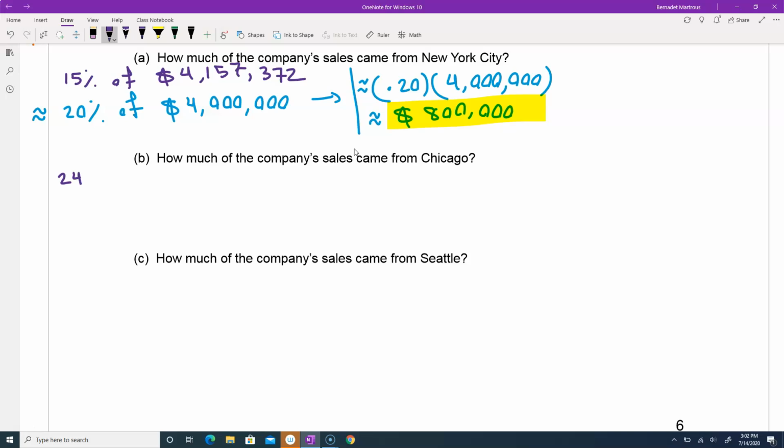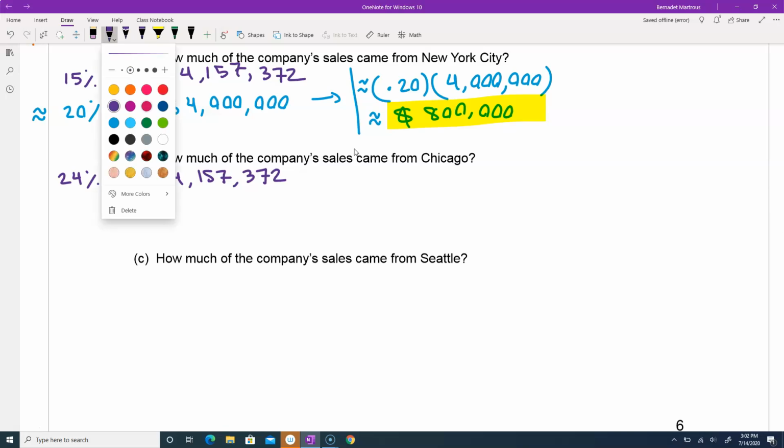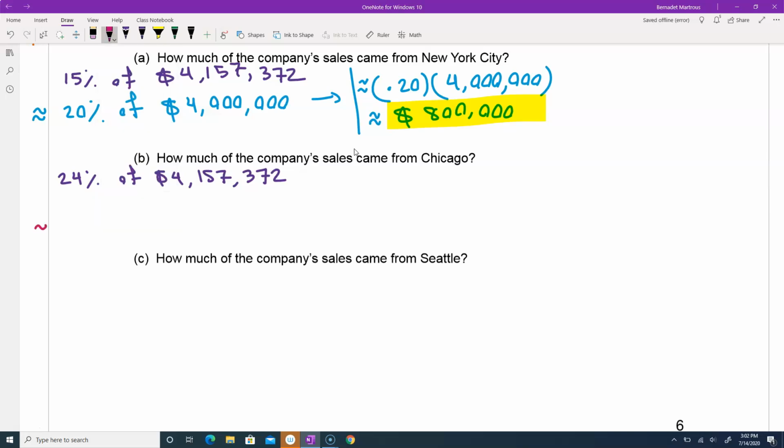So it's 24% of... so here is 20% of $4 million. So the answer is, since I rounded it, here we have 20% multiplied by 4 million.